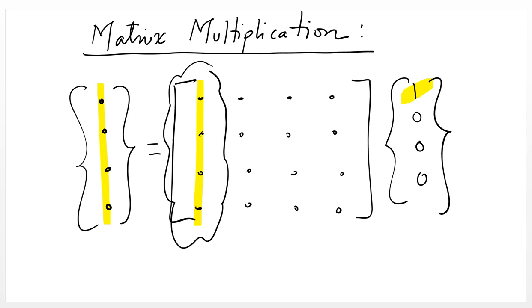Just by simple matrix multiplication, you can see that what's going to come out on the left side is the first column of that matrix.